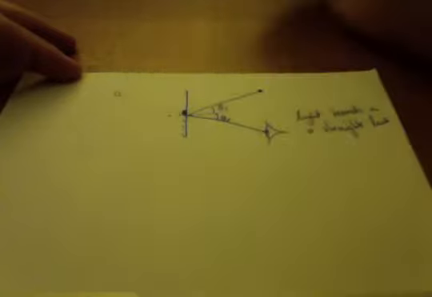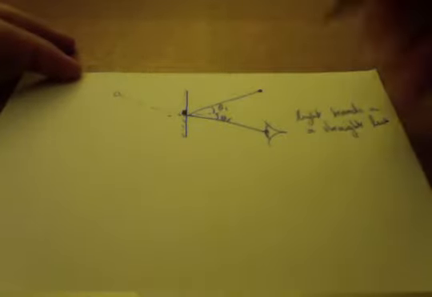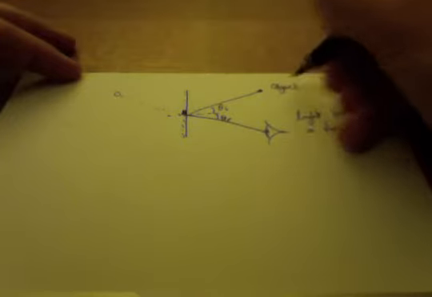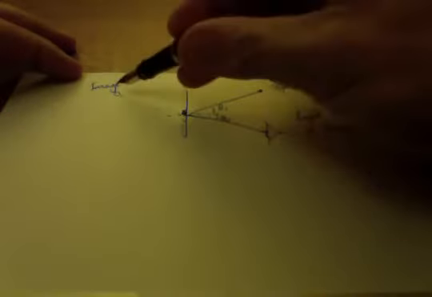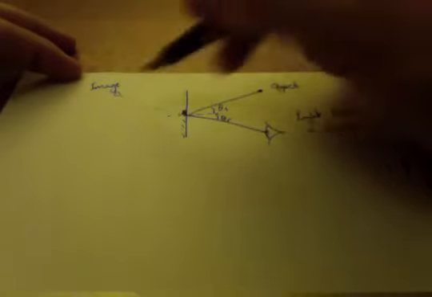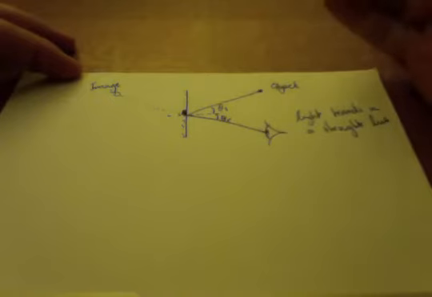Somewhere over here. Where this is the object, this is the image that is seen. It's not really there. It doesn't really exist behind the mirror, but you see it as behind the mirror. Imagine every time you look in the mirror, it looks like somebody behind the mirror is looking at you.